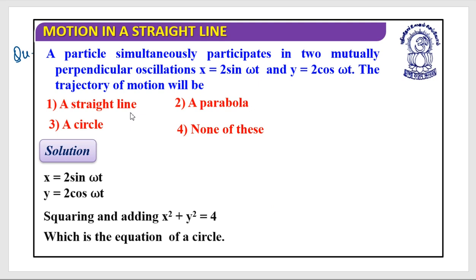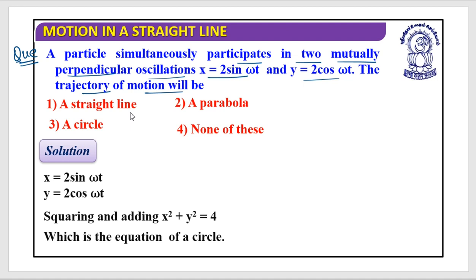A very important question. What they have given is a particle simultaneously participates in two mutually perpendicular oscillations which are given as x is equal to 2 sin omega t and y is equal to 2 cos omega t. The trajectory of this motion will be, okay, how can I do it?